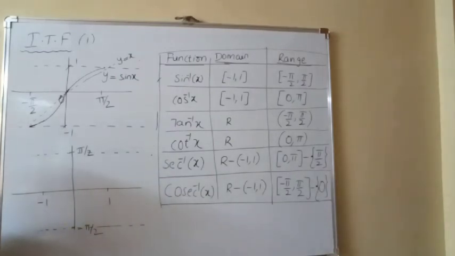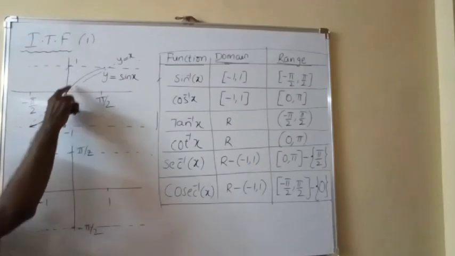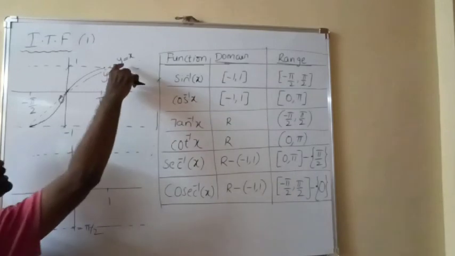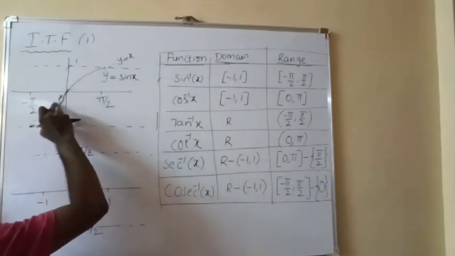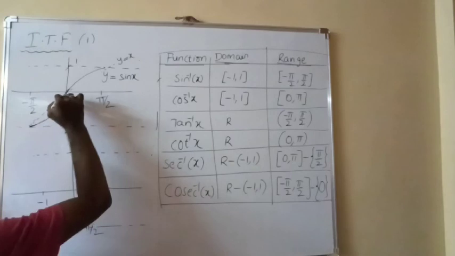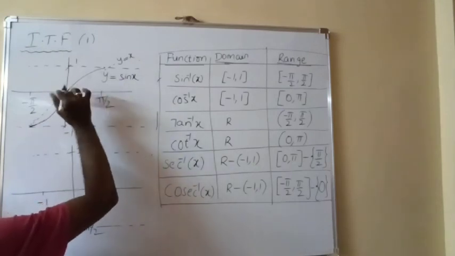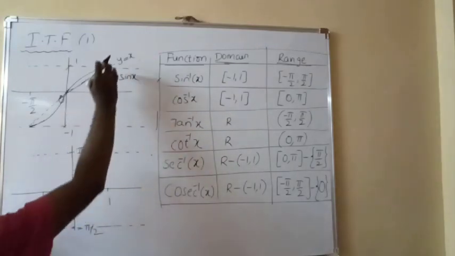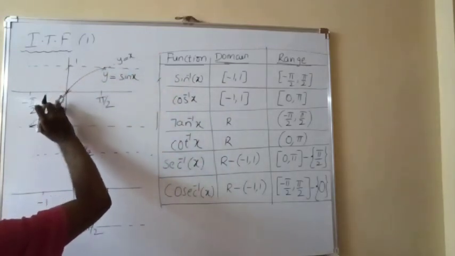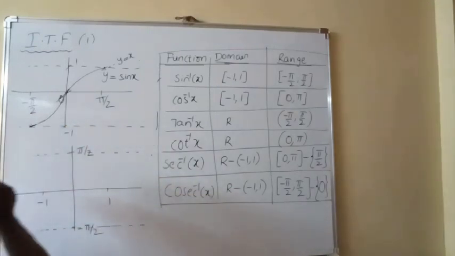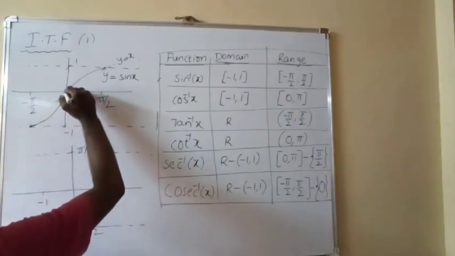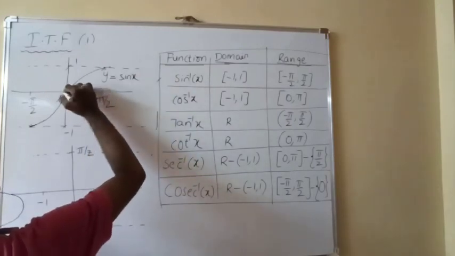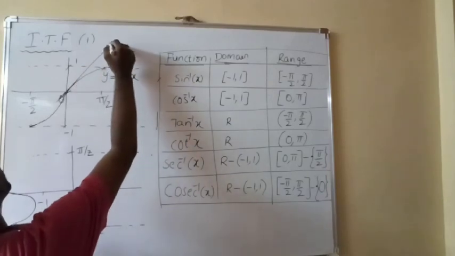So the image, or the reflection, of y equals sine x with respect to the line y equals x. You will get y equals x like this. I have drawn it wrongly. Okay. So this is the line y equals x.